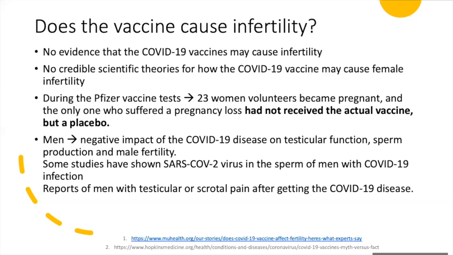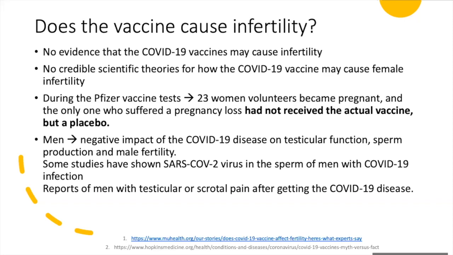While this is not a large enough sample to say that it doesn't affect fertility, what we can say is that there is no evidence to show that it does cause infertility. There was one woman who did have a pregnancy loss, but she didn't even receive the vaccine. She had received a placebo.